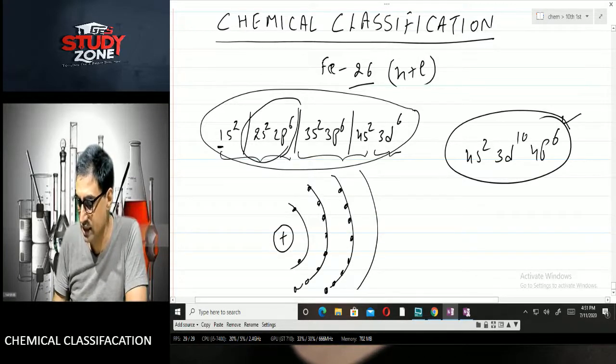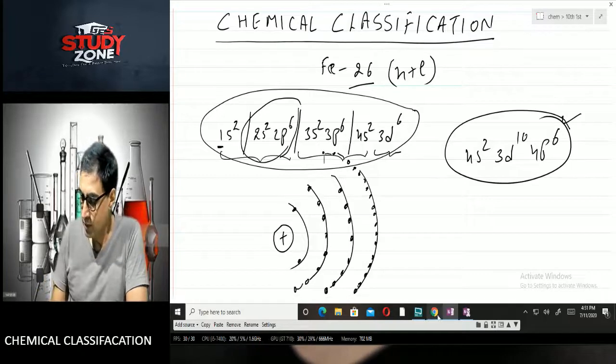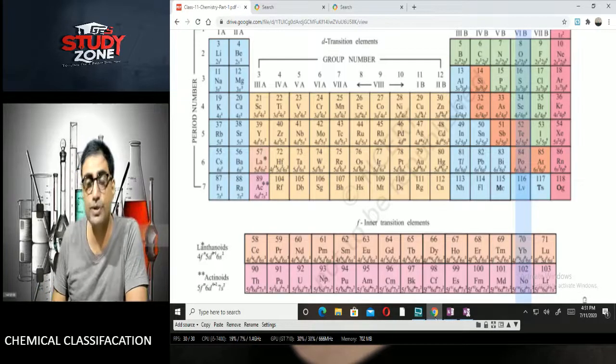The fourth shell can have 18. So if you have a look at this periodic table, the fourth period has got 18 elements. Every single element represents 1 electron.